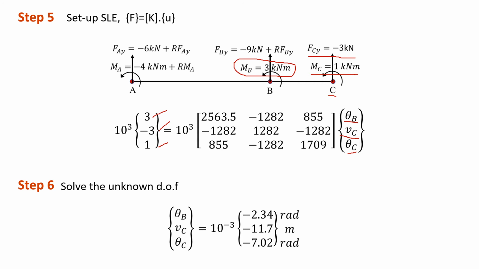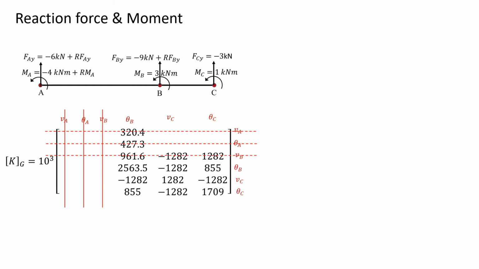For question B, the question asks us to calculate the reaction force and moment at point A. In order to calculate the reaction moment or force, we have to go back to our K global.